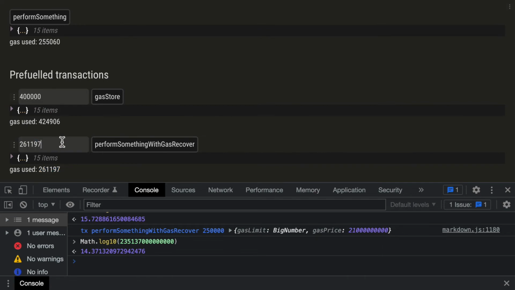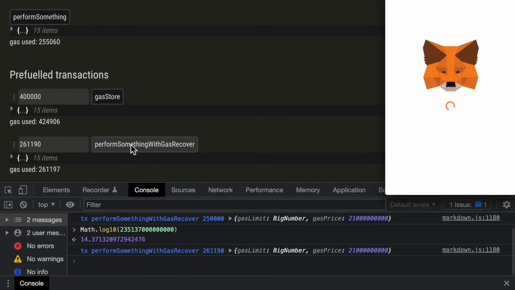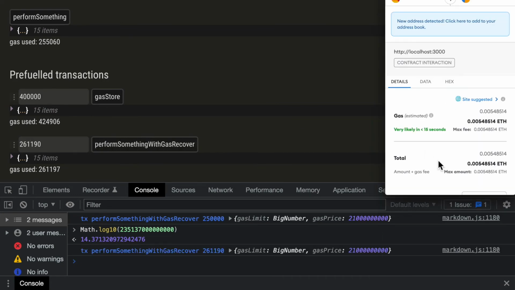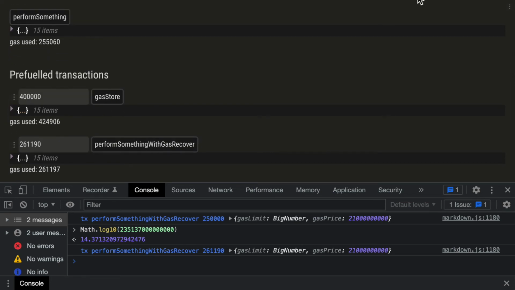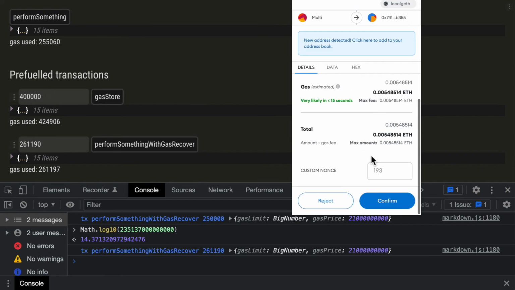we request almost the entire amount of gas, but instead of the 7, we will put a 0. Let's leave the balance at 0 and confirm the transaction.